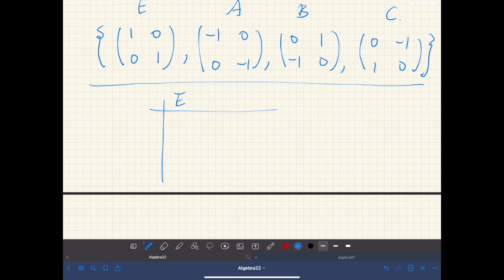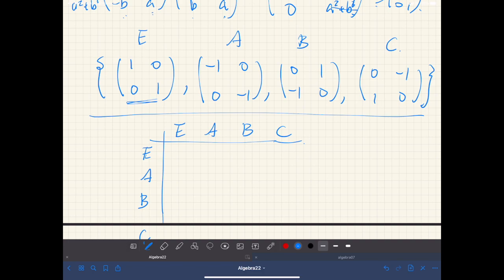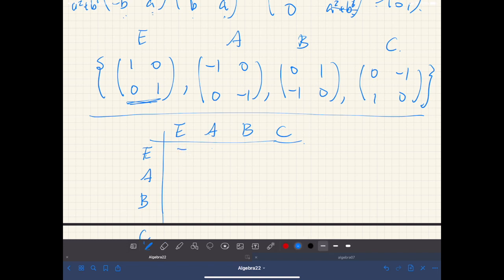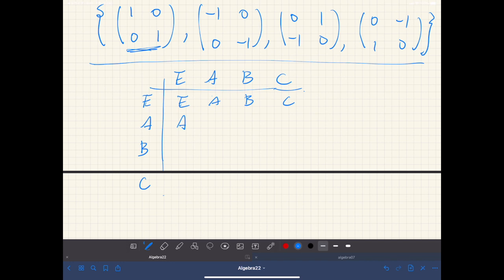So E, A, B, C across the top and side. And since E is the identity matrix, here we have E, A, B, C, A, B, C.